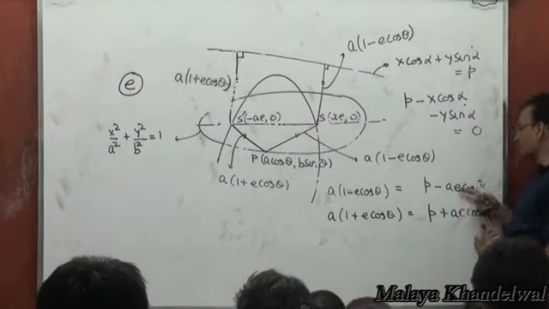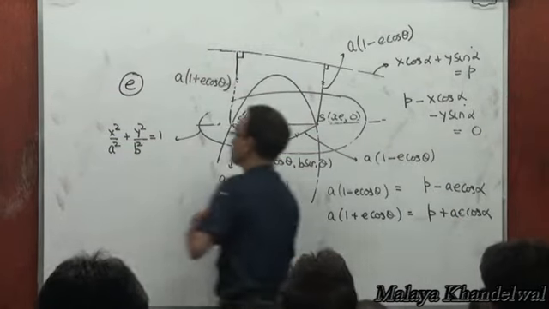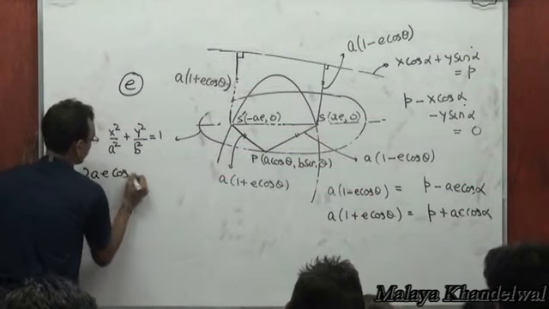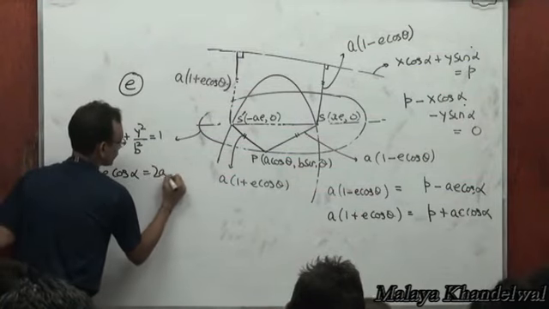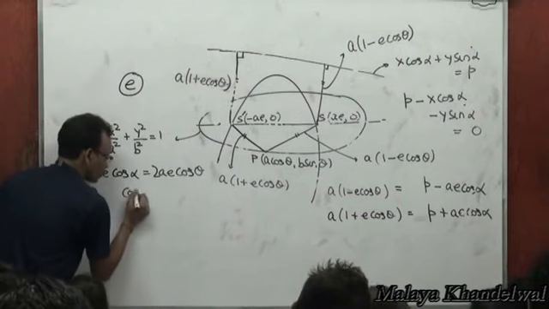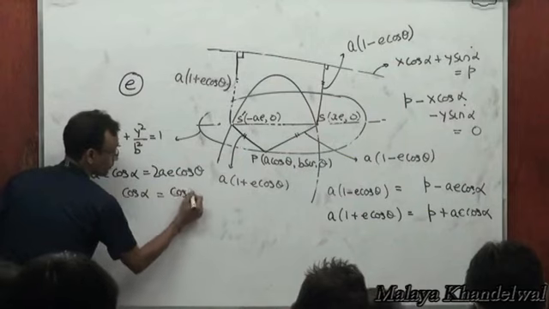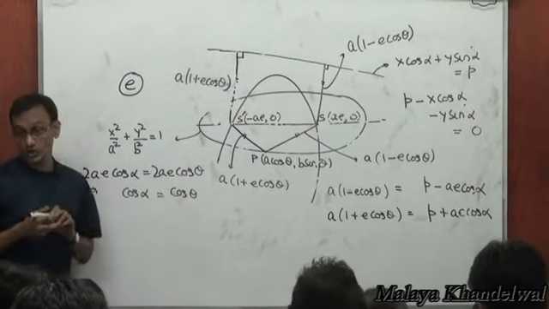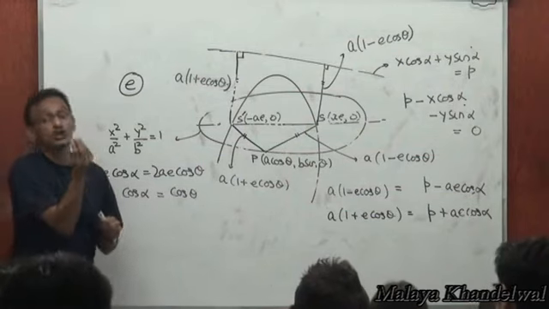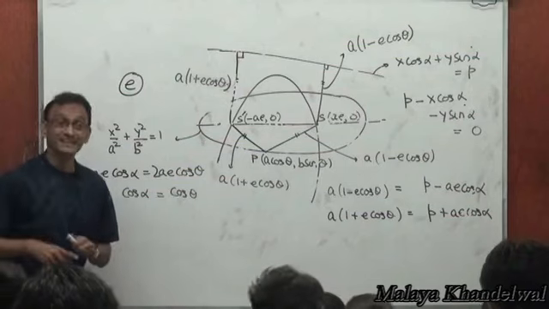When I subtract this minus this, 2AE cos alpha is 2AE cos theta, or cos alpha is cos theta, which means alpha could either be plus theta or minus theta.